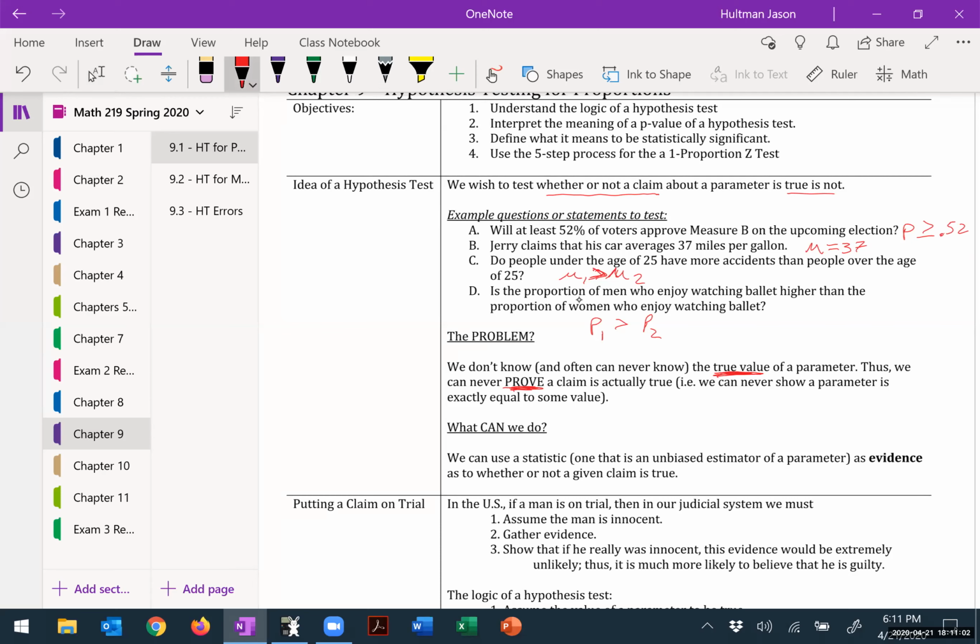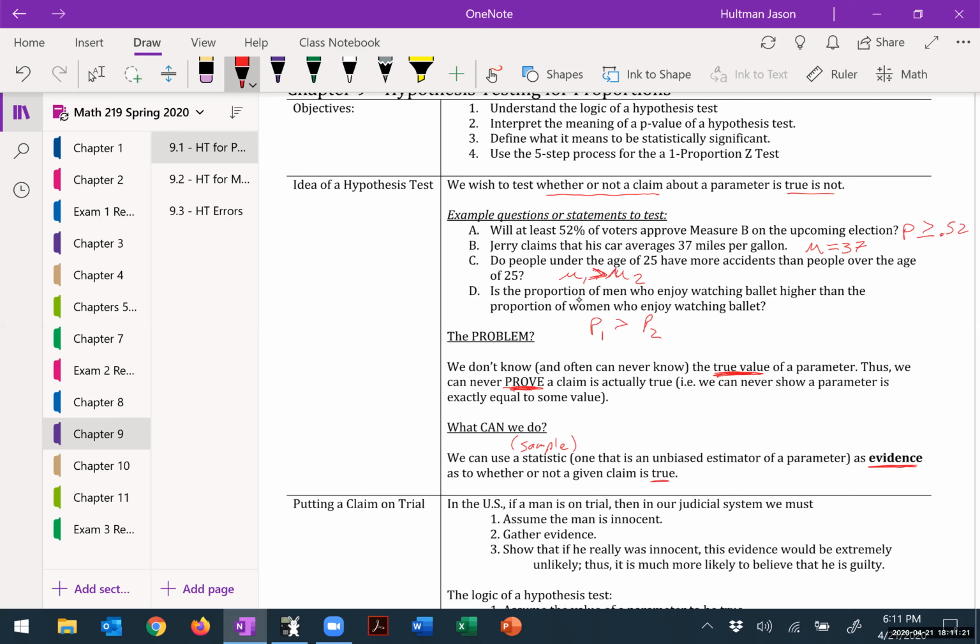What can we do? We can use a statistic, one that is an unbiased estimate of a parameter, as evidence. Remember, a statistic comes from a sample. We use it as evidence of whether or not the given claim is true.